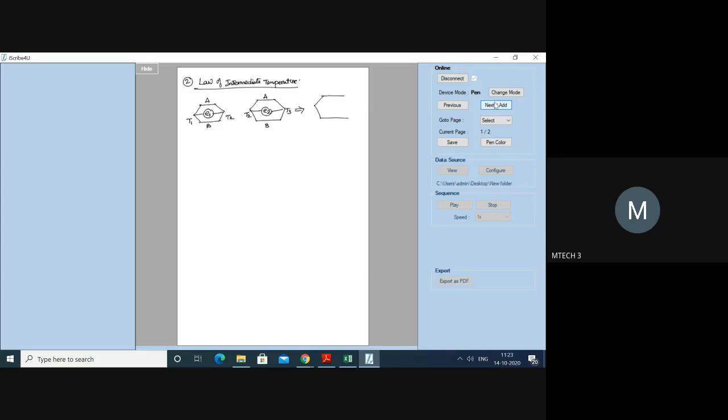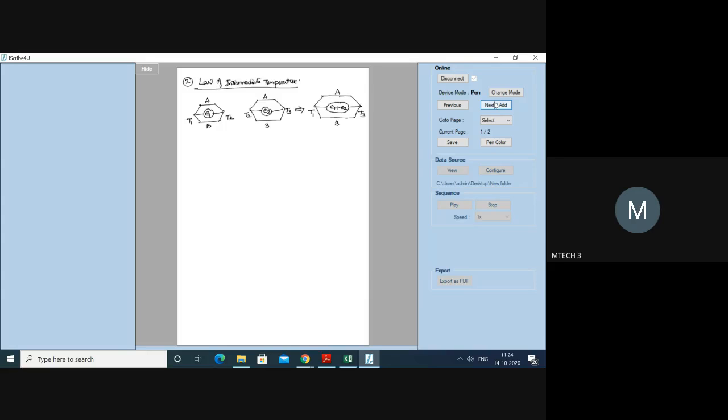Similarly, if I maintain the circuit with the same metals but with the temperature junctions at T1 and T3, the EMF developed will be equal to E1 plus E2. Please observe and understand carefully. So E1 is the EMF developed between T1 and T2.